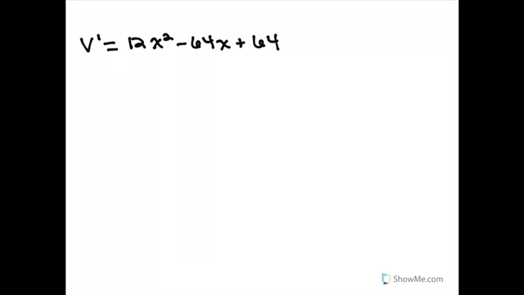Now, I'm going to have to factor this thing, because I've got to set it equal to 0, and then I'm going to have to factor to get my x values. I see that there's a greatest common factor of 4 I can pull out, and that's going to make my factoring a little bit easier.